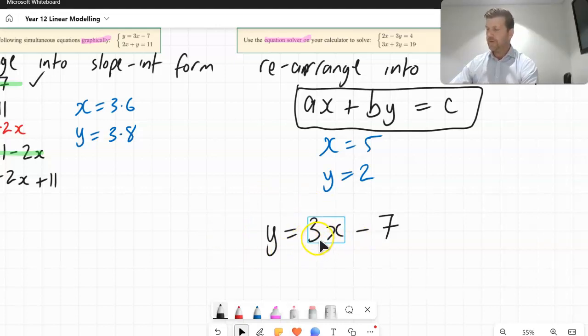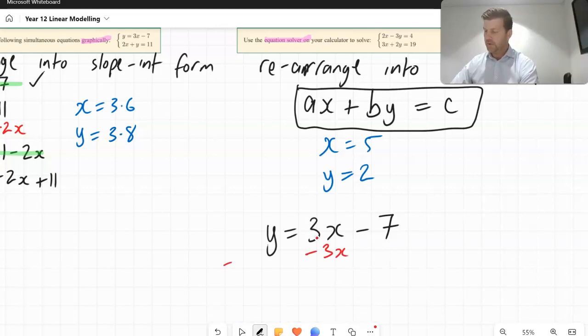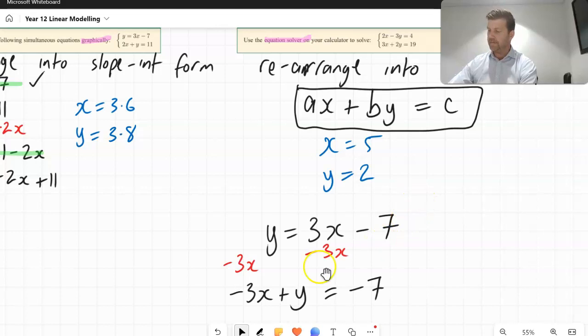To make 3x on the right-hand side equal to 0, I'm going to subtract 3x from the right-hand side, which means I'm also going to subtract 3x from the left-hand side. That gives me minus 3x plus y equals -7. There you go, it's in standard form. A is equal to -3, B is equal to 1, and C is equal to -7.